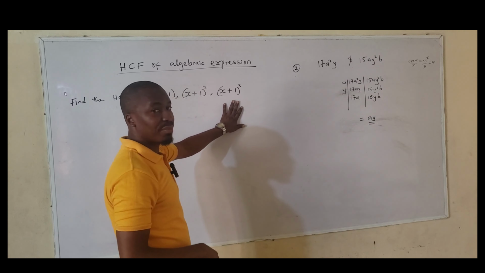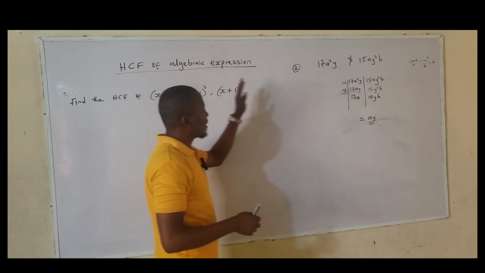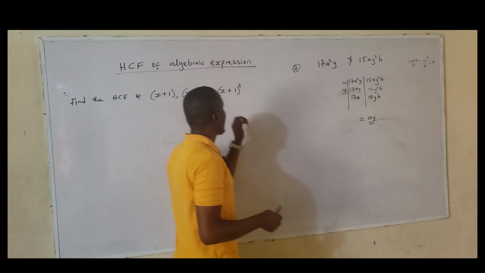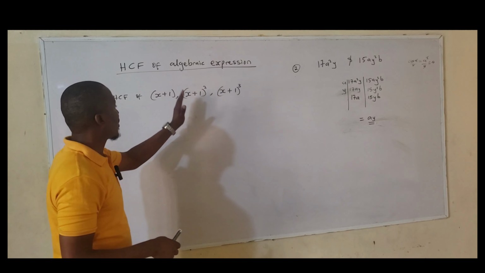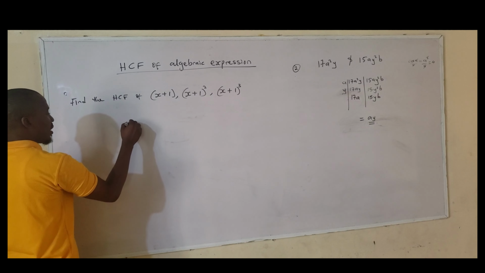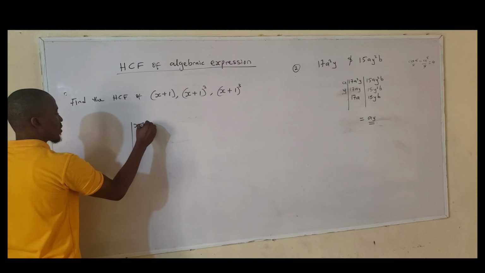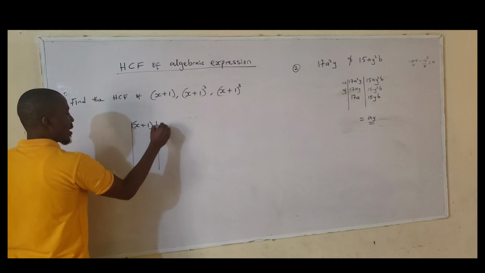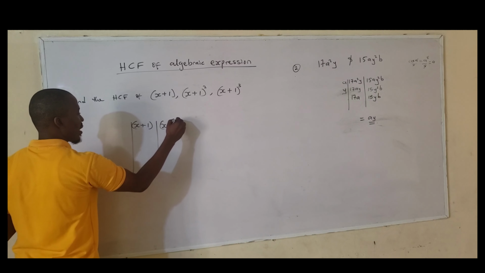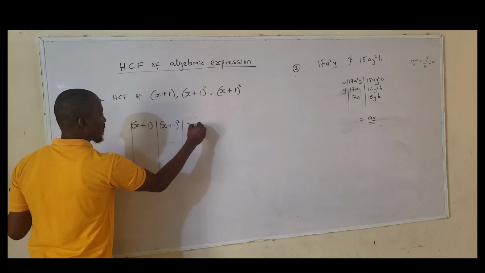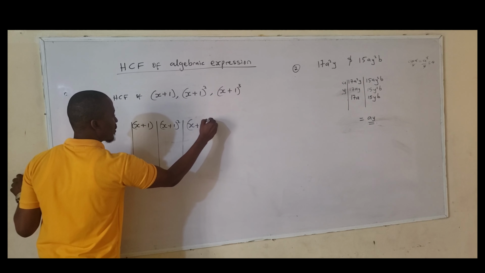We did something like this in LCM in our previous videos. So the same thing is what you're going to do here. We have our x plus 1, we have our x plus 1 squared, and we have our x plus 1 cubed.